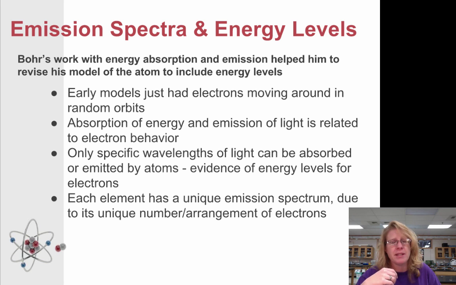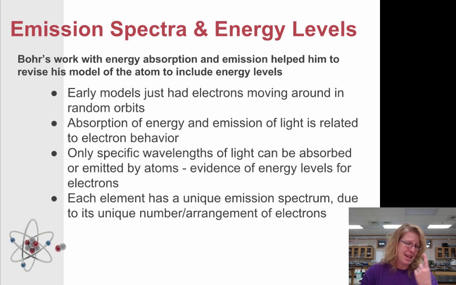And then the last piece of this is that when he looked at hydrogen, he found one particular wavelength, but when he looked at other elements, each element had its own particular pattern. The emission spectrum of an element is actually a fingerprint of sorts, that every element is easy to recognize by its very unique set of colors, because each element has its own unique set of energy levels and set of electrons bouncing around.